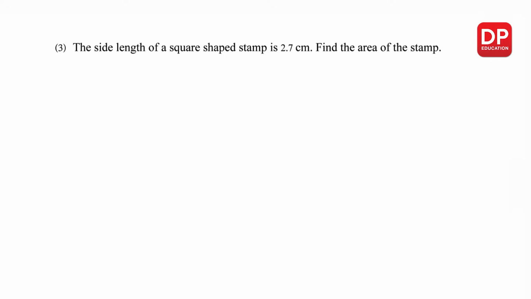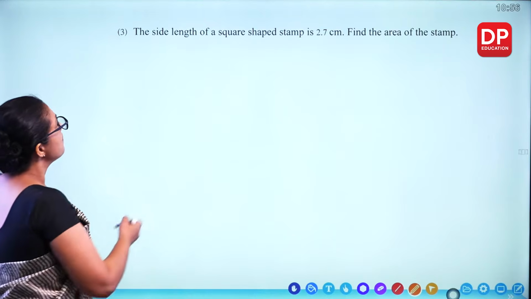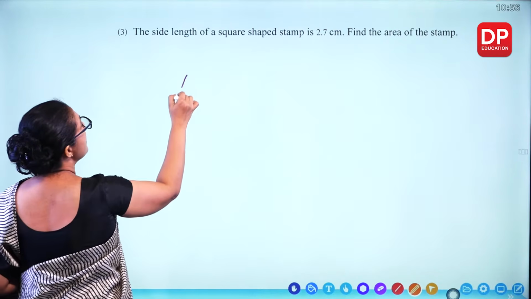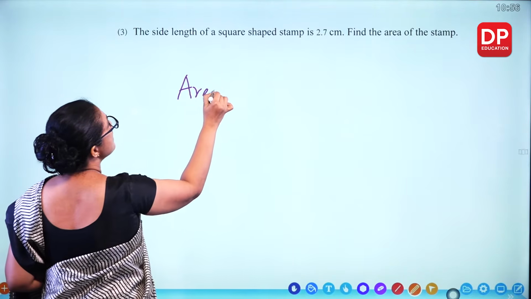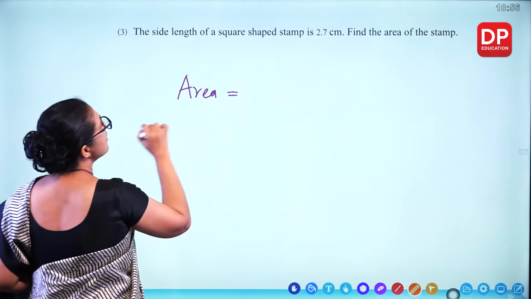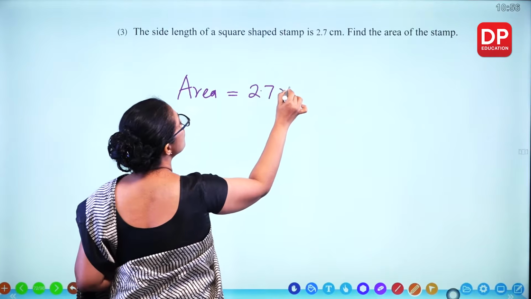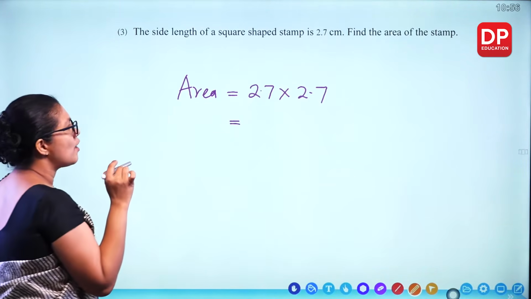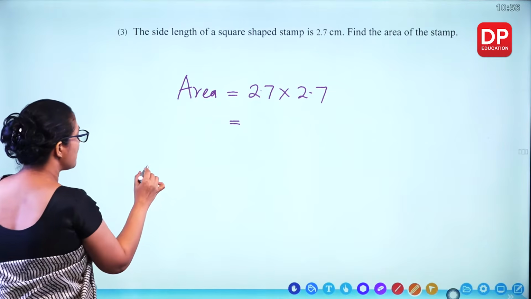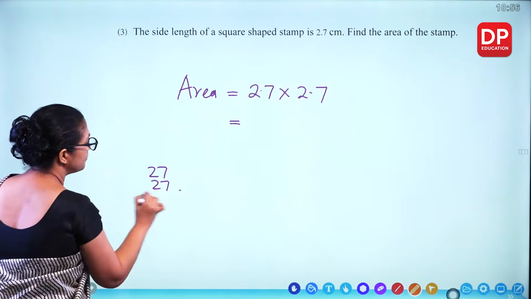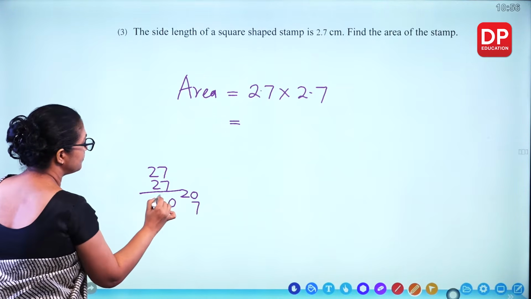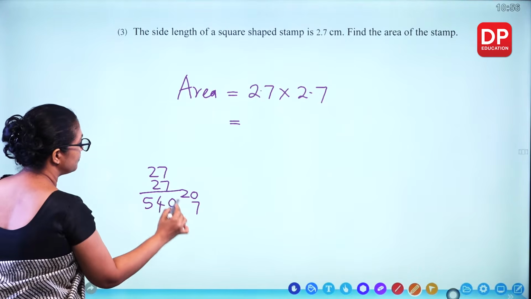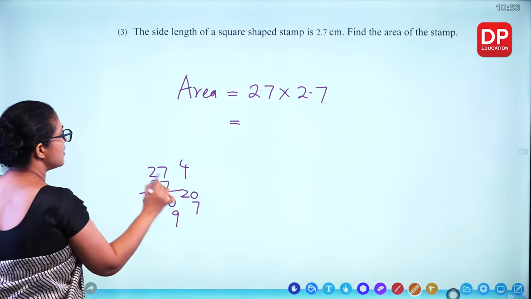The side length of a square shaped stamp is 2.7. Find the area of the stamp. So this is a square. So what's the area? Length squared. So 2.7 into 2.7. So we'll find out 27 into 27. 49.